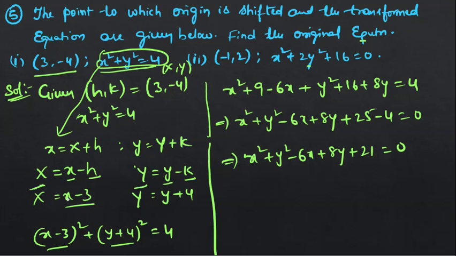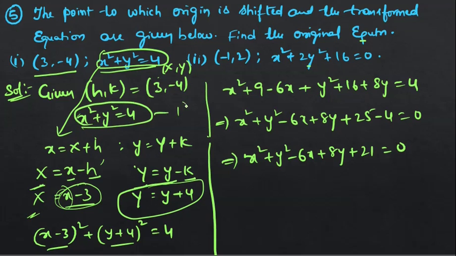Now what are h comma k given? h is 3, so capital X is nothing but small x minus 3. Similarly capital Y is nothing but small y plus 4. These values you substitute in place of X and Y, so that finally you will get the equation in small x and small y, the original equation. I'll name this equation as 1, and in this I'll substitute the values of capital X and capital Y, right?